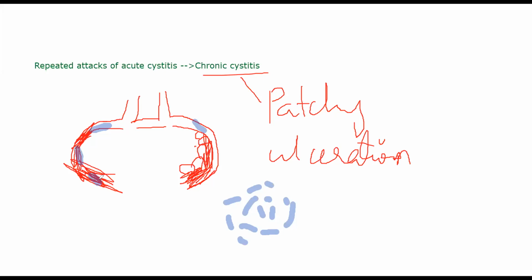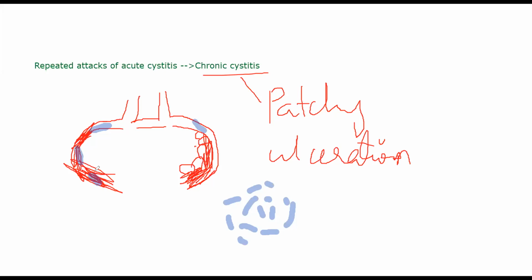Now there is one very specific, peculiar form of chronic cystitis, which is characterized by formation of lymph follicles. This will not occur in all cases, only in some cases. Instead of just normal cells coming into the picture, lymph follicles will start proliferating in this area.